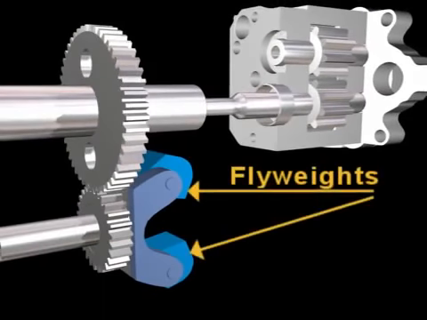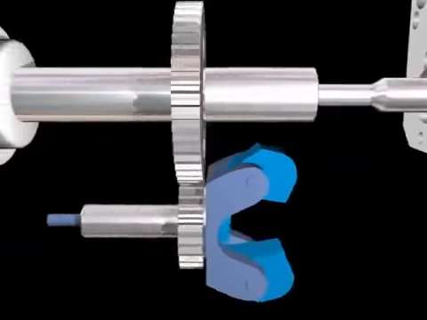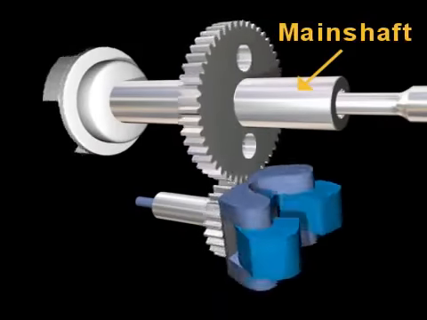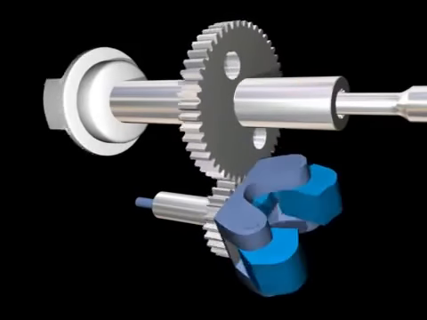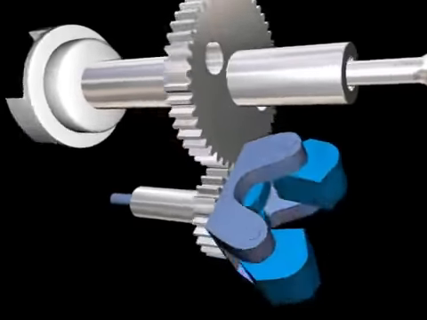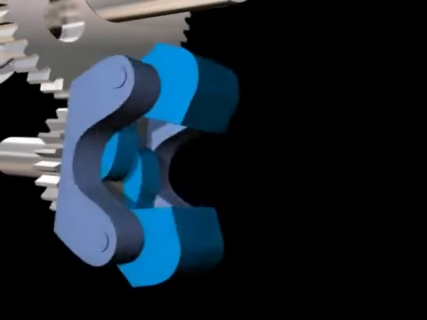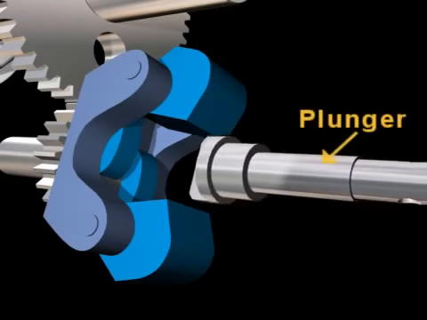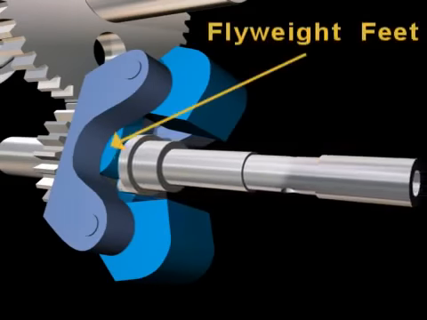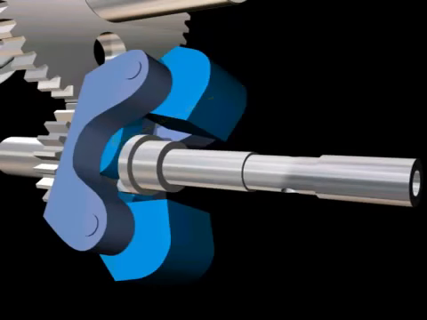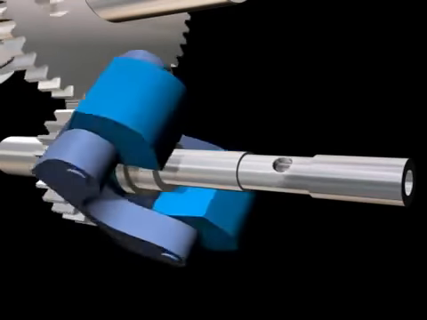In the governor, the flyweights are driven through gears by the fuel pump main shaft. The governor plunger is held between the flyweight feet and rotates with the flyweights.